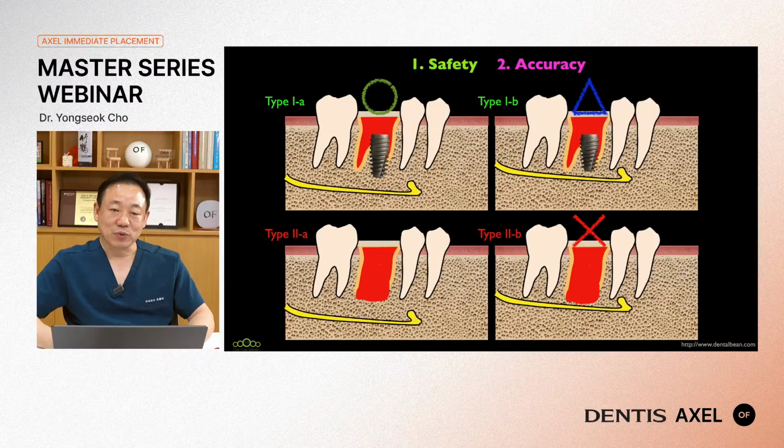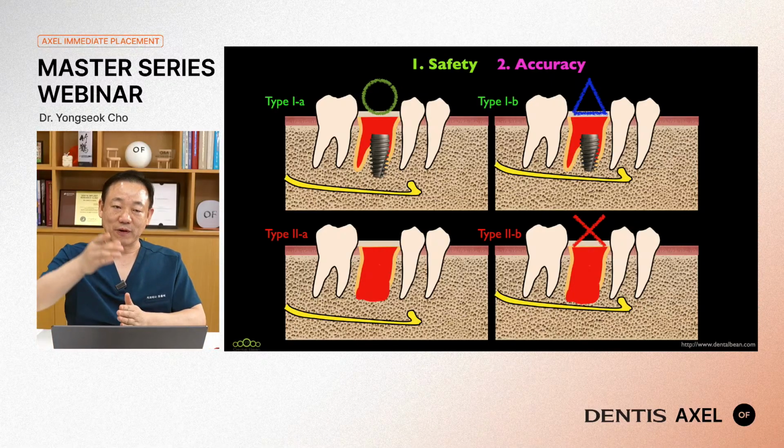What about a Type 2A extraction socket? When the available apical bone height is more than 5, not just 5 millimeters, but 7, 9, 10, very sufficient, we can place the implant. However, when it is just 5 or 6 millimeters of available apical bone height, what should you do?